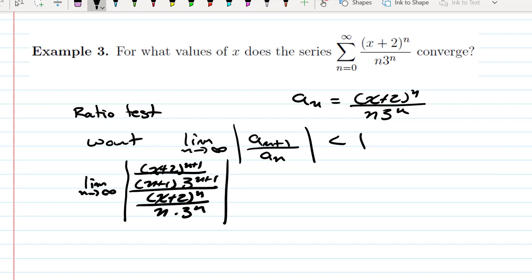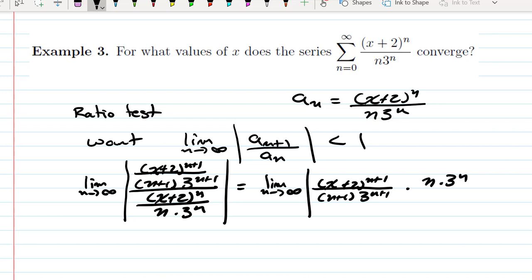So we need to simplify this a bit. We divide by the reciprocal of the denominator, and that's going to give us (x plus 2) to the n plus 1 over (n plus 1) times 3 to the n plus 1, times n times 3 to the n all over (x plus 2) to the n.